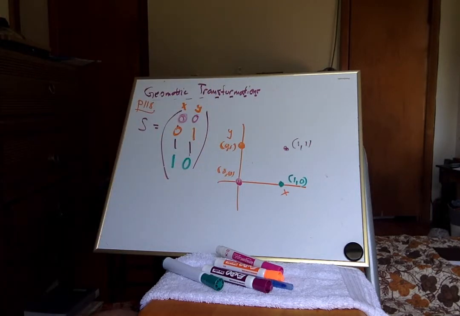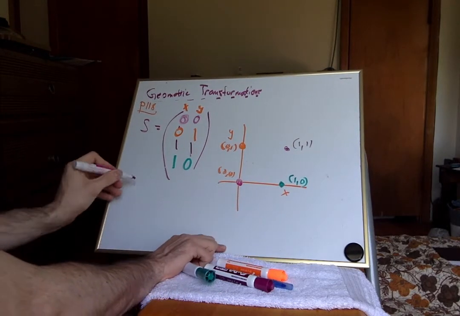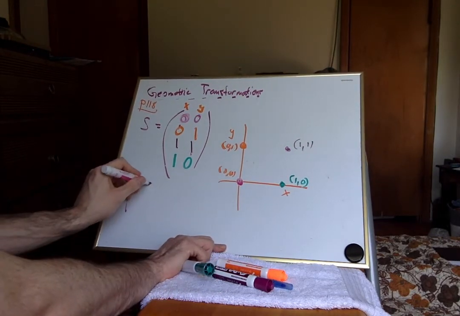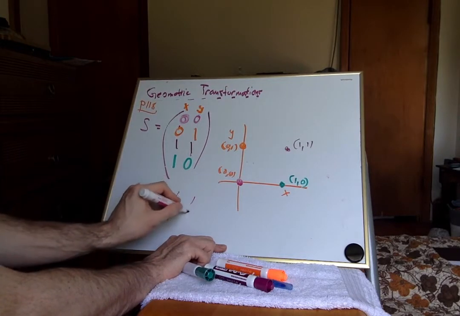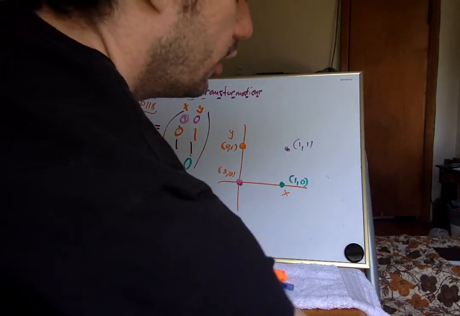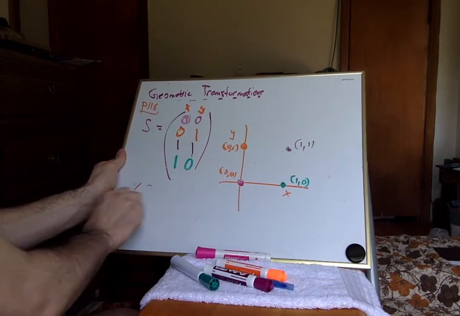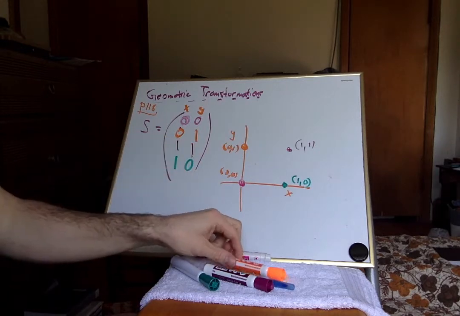But you might ask, why is this natural? How does it make sense? Maybe you would have thought that you should write the matrix like this: 0, 0, 0, 1, 1, 1, 1, 0. That's another thing you could have done, or who knows what else you could have come up with. But I'm just going to say, look, that is beyond the scope of this course. So we're going to take this as given.